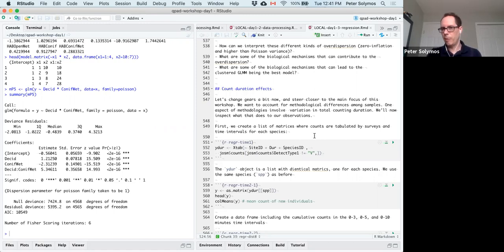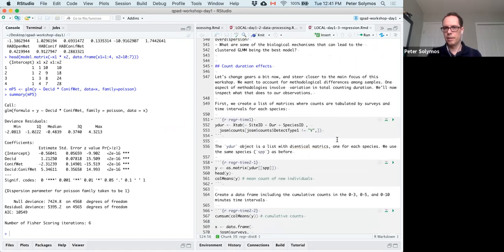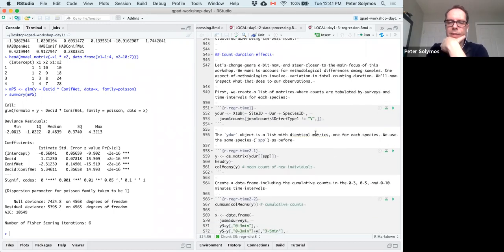So let's now pretend that we have different count and duration effects. So what we can do here is create another cross tab, site ID, and duration, which, as you recall, 3 to 5, 5 to 10 minutes.